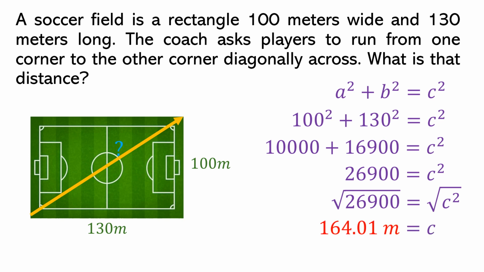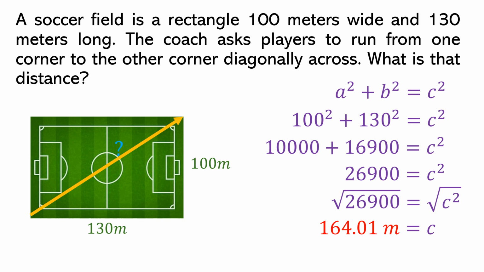So it will become c, and on the other side, the square root of 26,900. If you use a calculator for that, it will give you 164.01 meters. So that is the length of the diagonal.